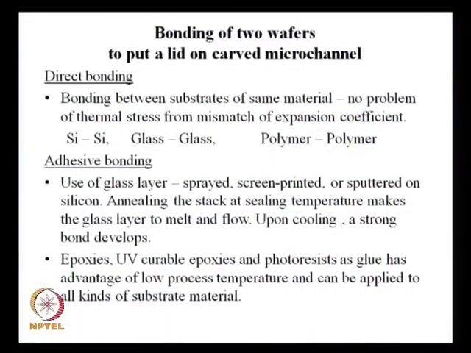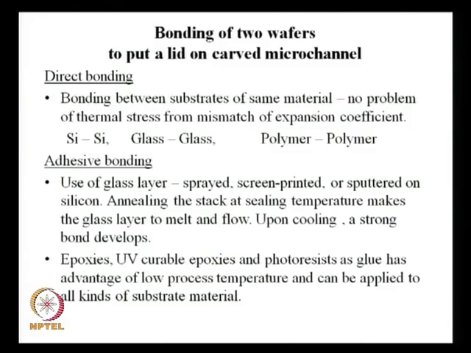The other type of adhesive bonding is use of epoxies or UV curable epoxies and photoresists as glue. These have advantage of low process temperature and can be applied to all kinds of substrate material. Yes, these epoxies are very popular. If you need to bond two layers, these epoxies can hold a significant amount of pressure, and these are cheap, it is readily available.